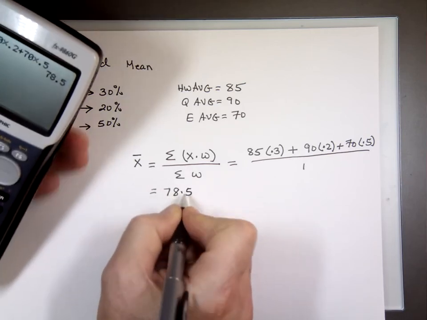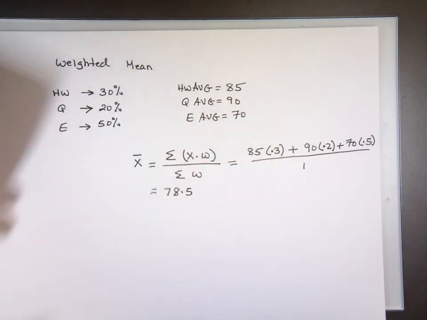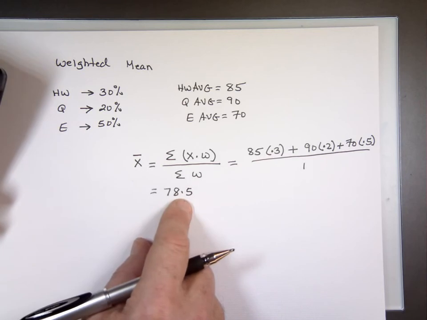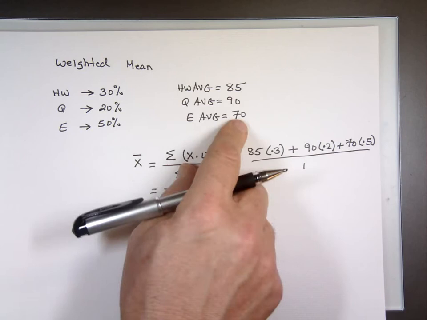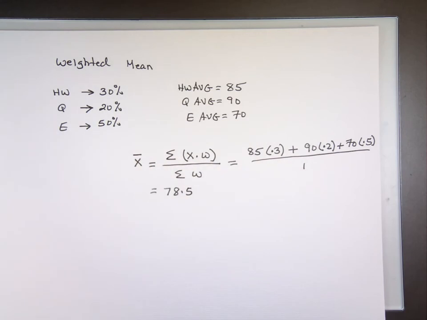Whereas if you just took the values, 85 plus 90 plus 70, added them and divided by 3, you have an 81.7, which is B minus. But now your grade is C plus. Because the exams weigh a lot more here, and you don't do as well in the exams as the other stuff.